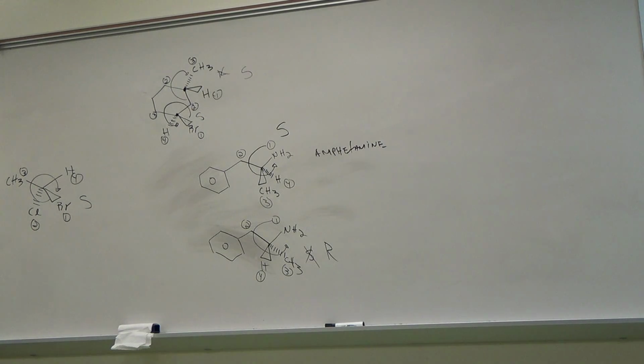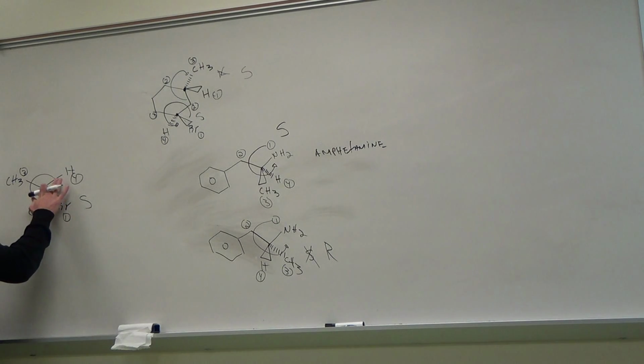What I said is, if it is on this bond or on this bond, you do not do it like this. If it is in those bonds, you are going to change it and make it in the back. So if the hydrogen is here, I am not even going to try to do it.